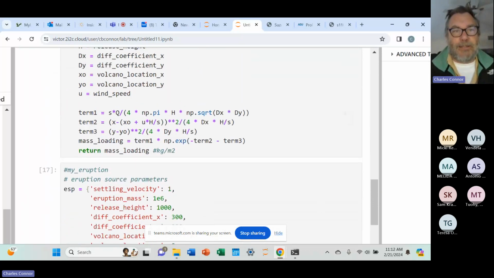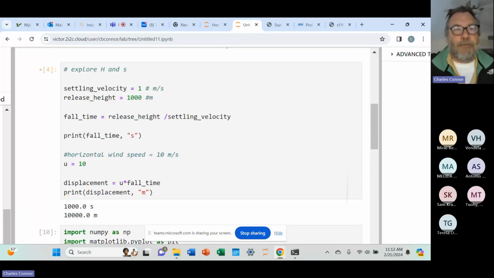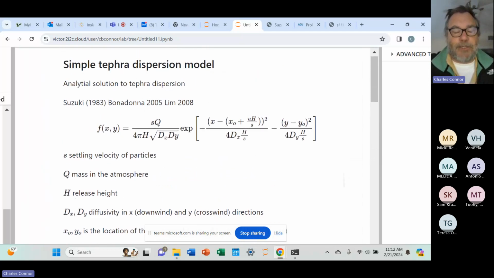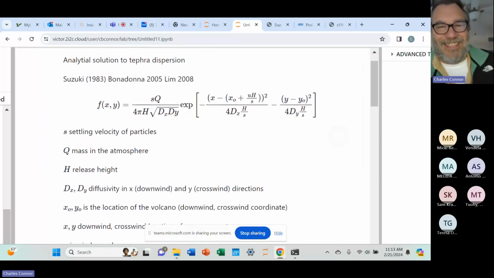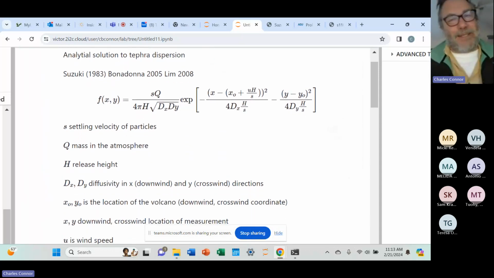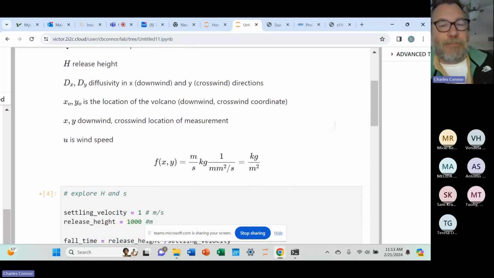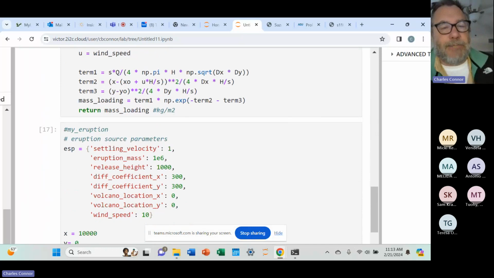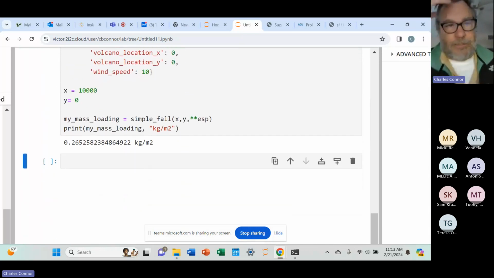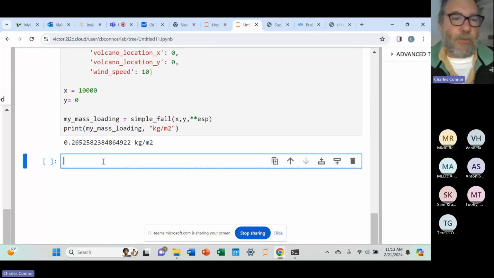But what I'm doing here is just developing a very simple model of tephra dispersion. Sorry, this one's relatively simple. I know probably you're like, what? It looks like a train wreck to me, but it is a relatively simple approach to tephra dispersion. And then I'm getting a value at this X location. So let's experiment with this code and see if we've got what we think is happening here.